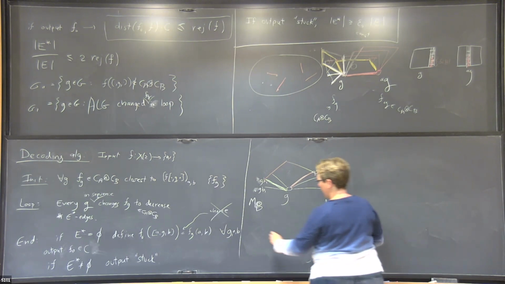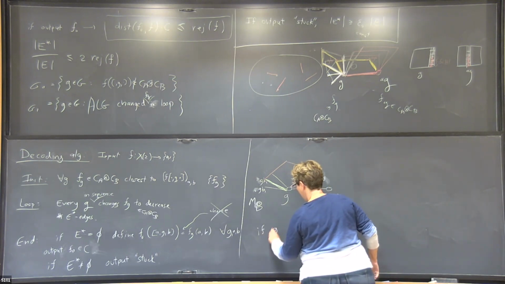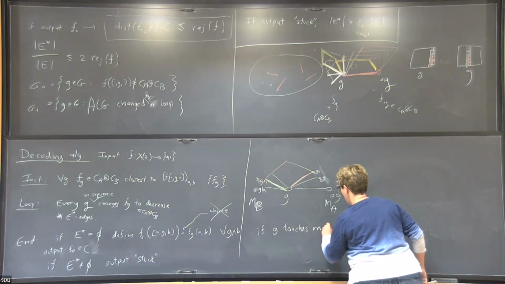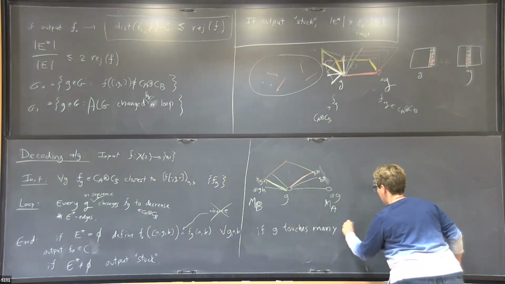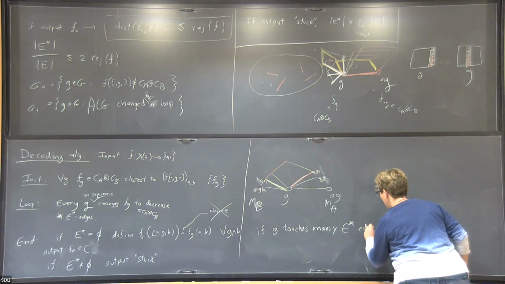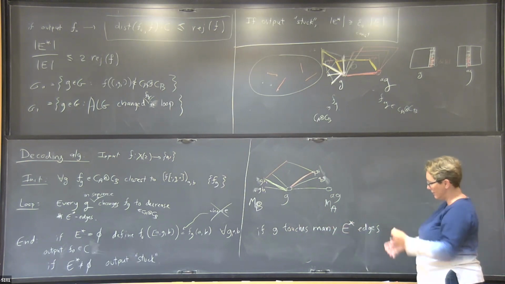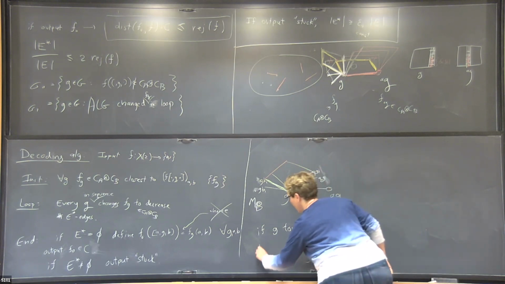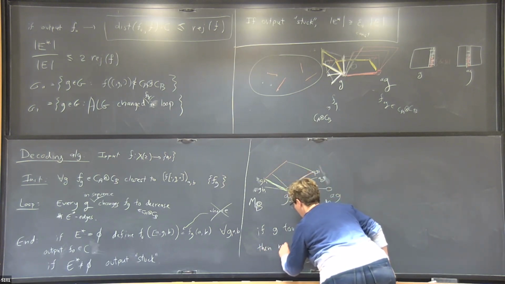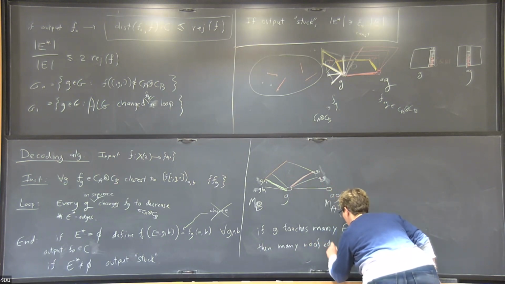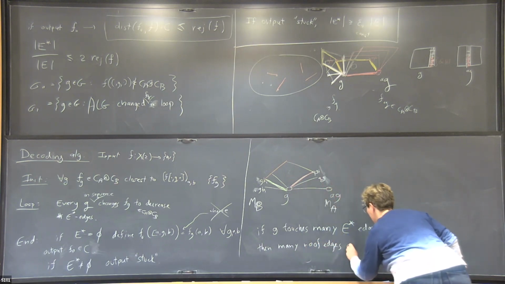So if G touches many E star edges, when I say many, I mean a constant fraction of its neighbors are in E star, then many roof edges are in E star.